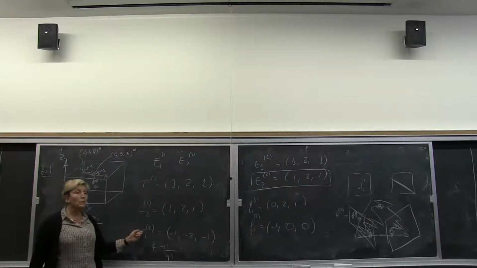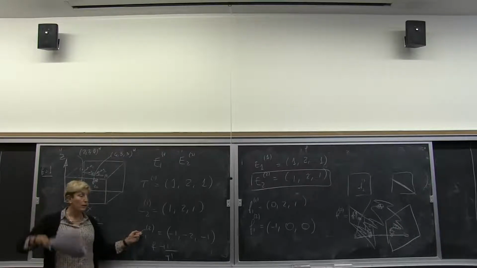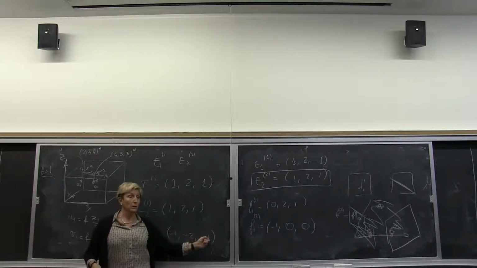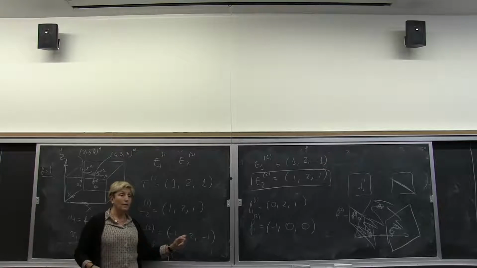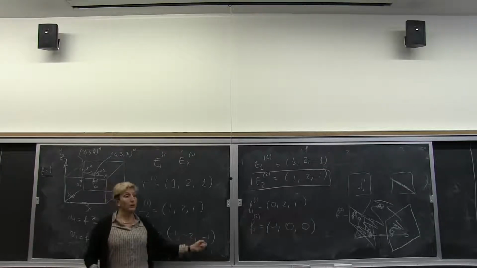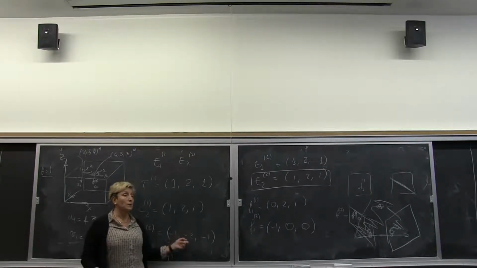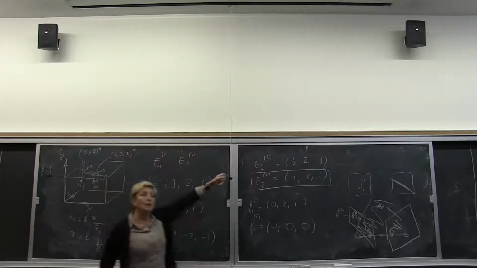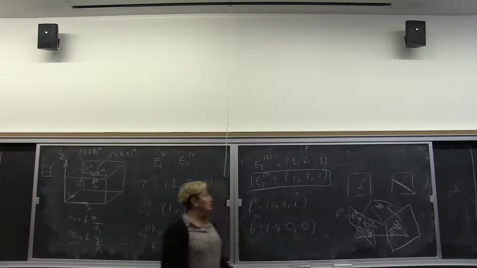I'm taking the image of this guy. How do I take the image? I do F times the first coordinate divided by the third coordinate, and F times the second coordinate divided by the third coordinate. So the signs cancel out. So both epipoles end up having the same coordinates.